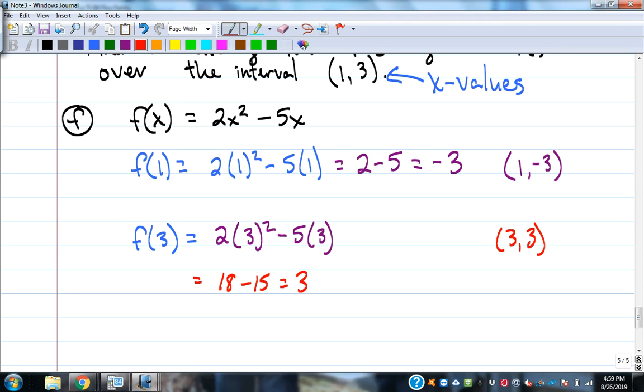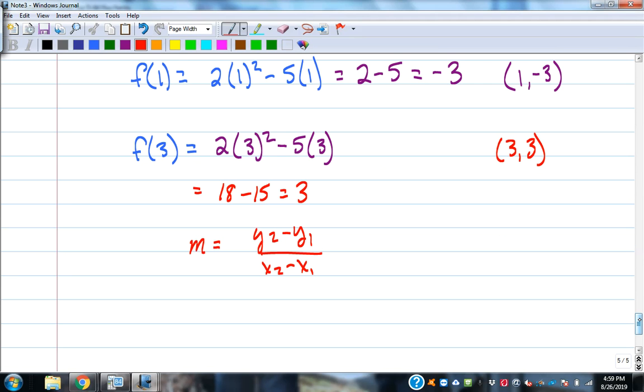Now, the average rate of change is the slope between those two: y2 minus y1 over x2 minus x1. With the ordered pairs, this is x1, y1 and this is x2, y2. So 3 minus negative 3 over 3 minus 1.